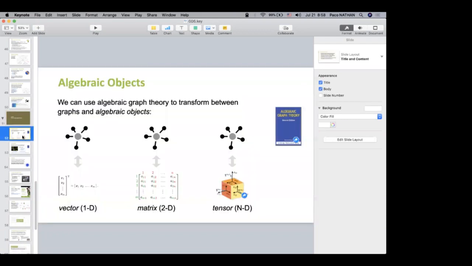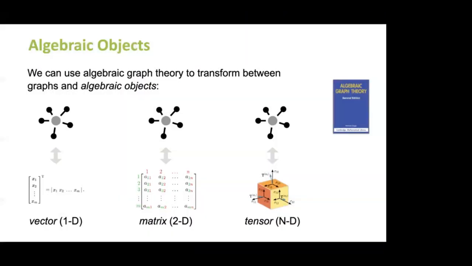Let me talk real briefly about a little bit of the math, just enough of the math. This is important because we're at a crux of how we use the math or not. In algebraic graph theory, we have the notion of transforms between graphs and algebraic objects.